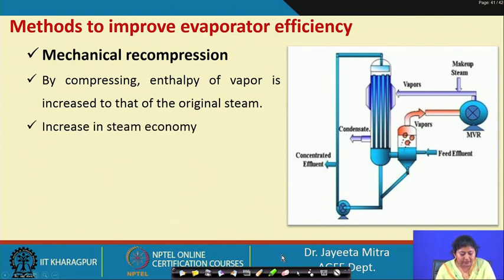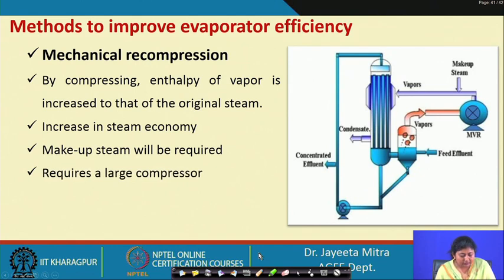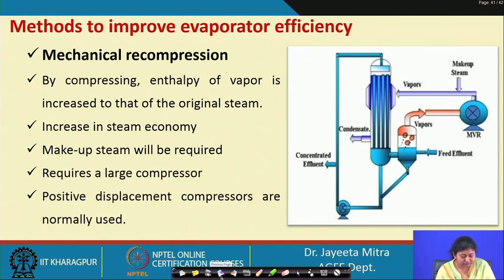In this process the steam economy is increased, that means using 1 kg of steam we can get a higher amount of water evaporation. So, that is how steam economy is increased. Makeup steam will be required, and this requires a large compressor. Generally positive displacement compressors are used.